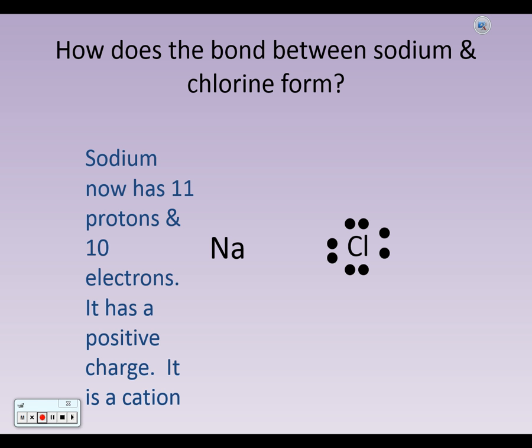How do I know sodium has 11 protons? That's its atomic number, right? And it started with 11 electrons, but one of those electrons went over to chlorine. So if sodium has 11 protons, but only 10 electrons, that means it has a positive charge. We call that a cation. If you flip it over to the third page of your outline, this stuff shows up on the third page of your outline.